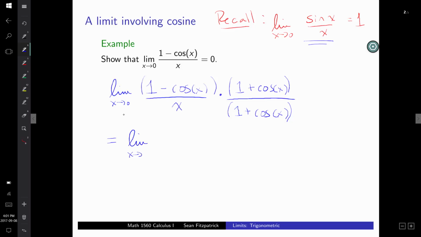It's going to give me 1 minus cos squared x up top. It's going to be x times 1 plus cos x on the bottom. And now 1 minus cos squared, since sine squared plus cos squared is 1, is just sine squared x.